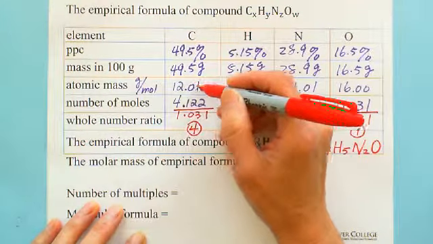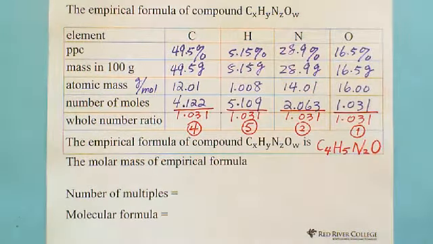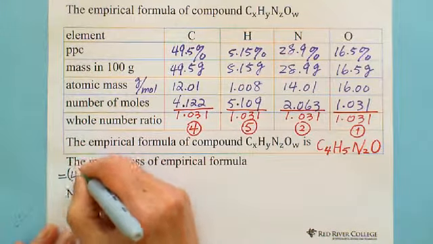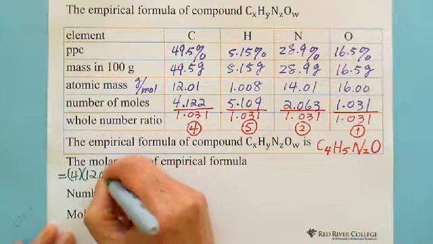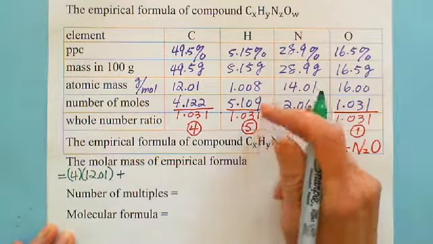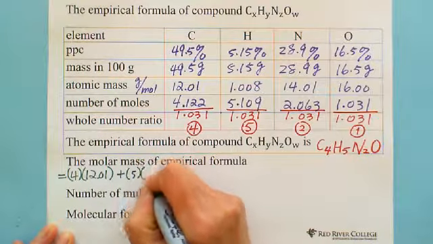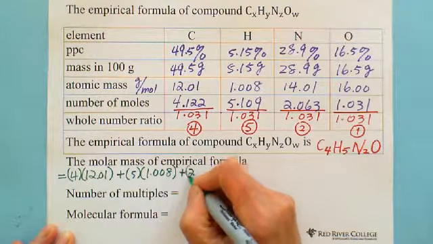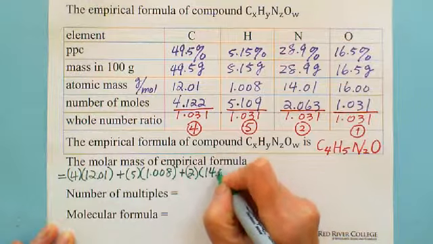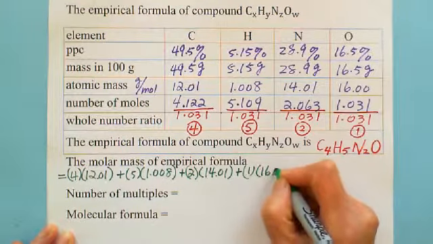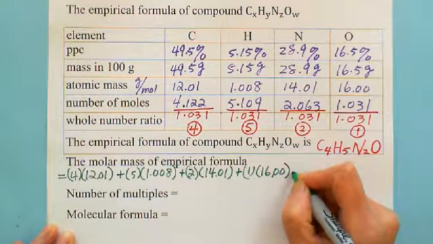So we can write down the step: this equals 4 multiplied by 12.01, I'm not putting the unit, plus 5 multiplied by 1.008, plus 2 multiplied by 14.01, plus 1 multiplied by 16.00, and add these together.